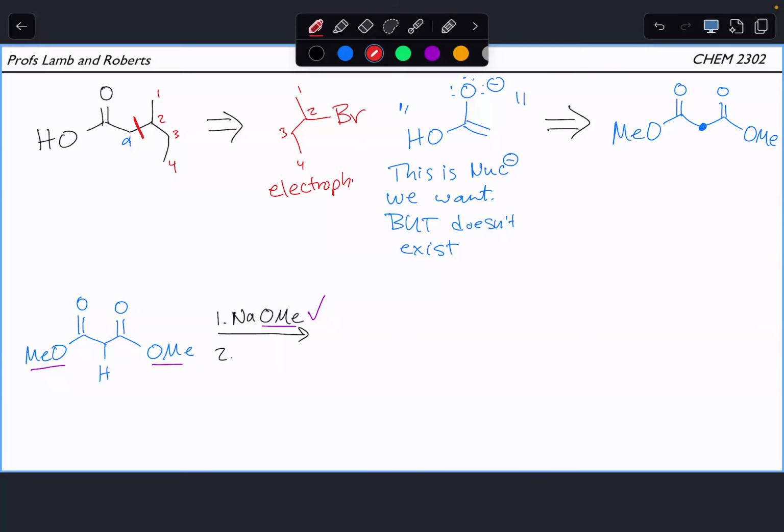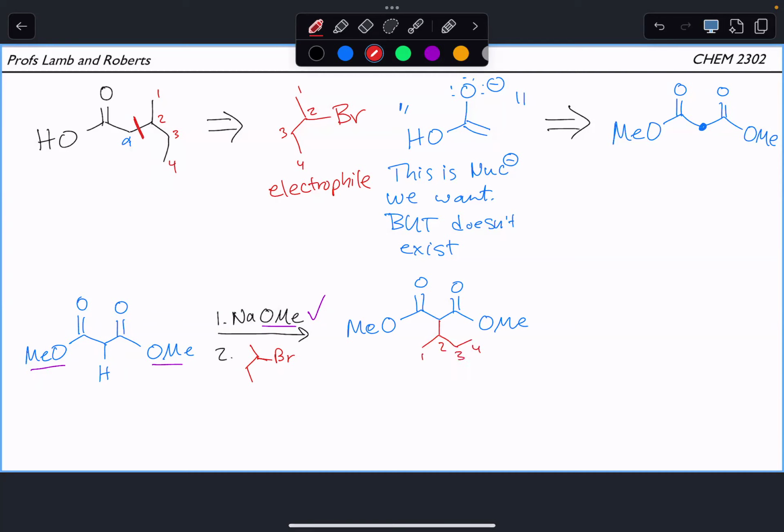This is our electrophile, so I'm going to add in that electrophile like so. I'm going to do my alkylation. One, two, three, four.